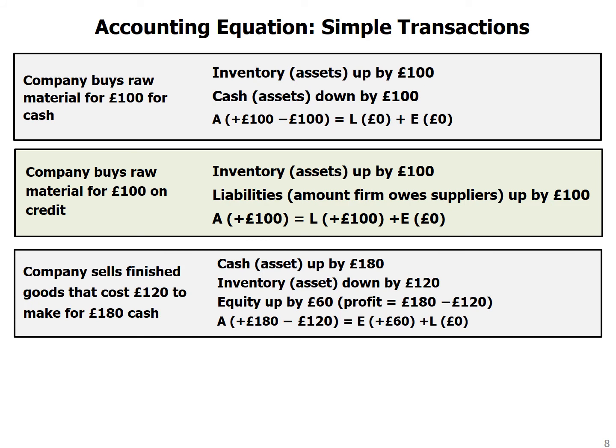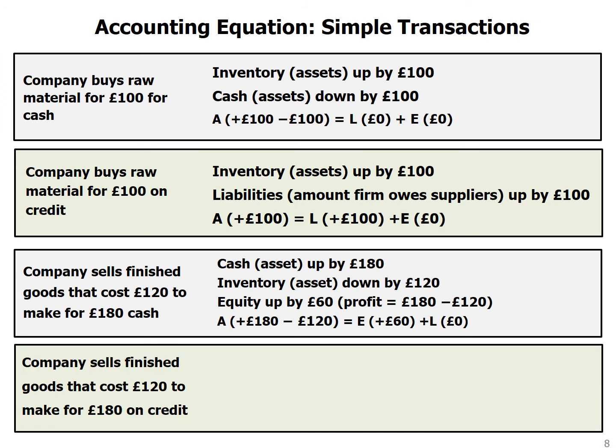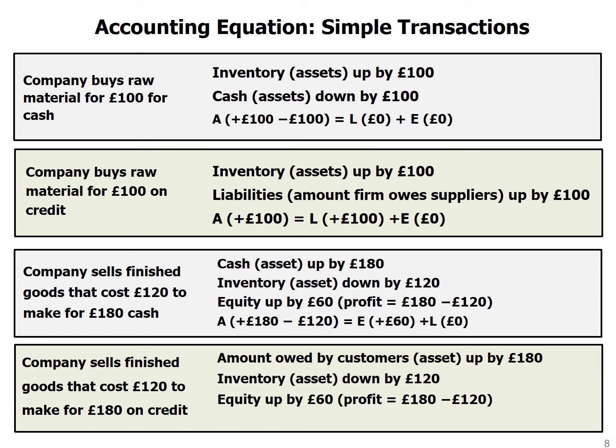And we'll do the same transaction, but this time we will make it a credit transaction rather than cash. So the amount owed by customers, the asset, will be up by the £180 that is owed. The inventory will be down by £120, and we will still have a profit of £60, the difference between the agreed price of the sale and how much the goods that were sold cost to produce.